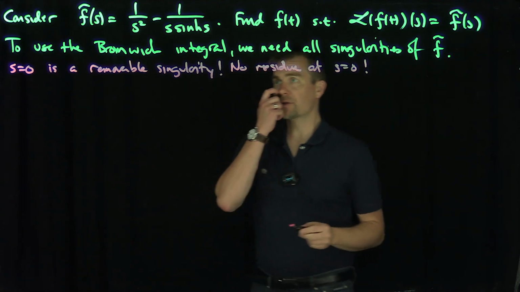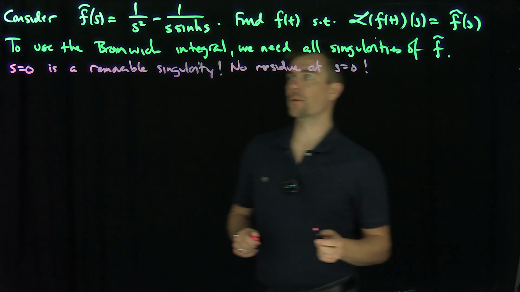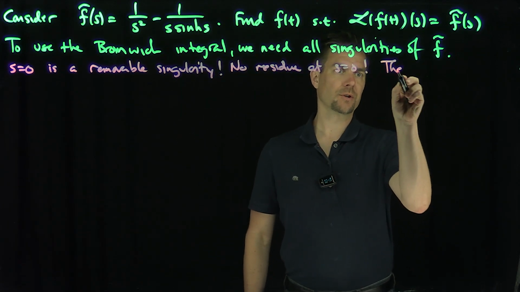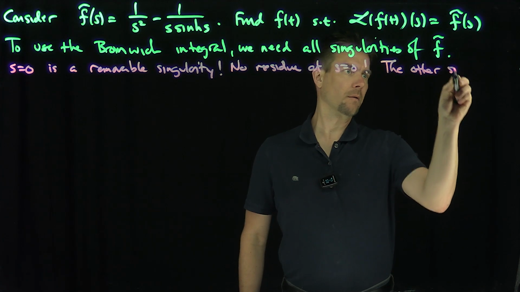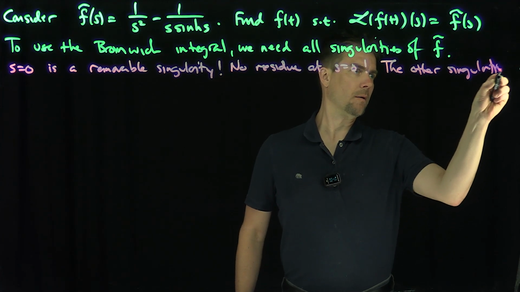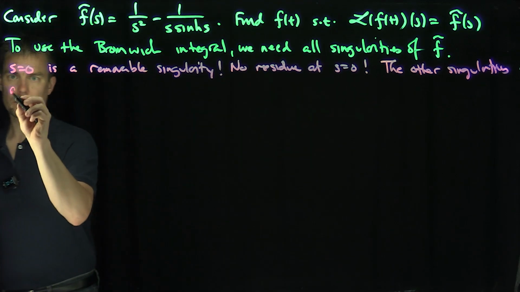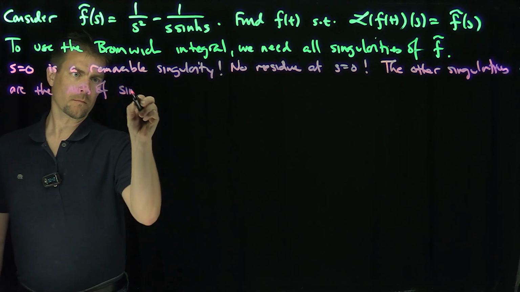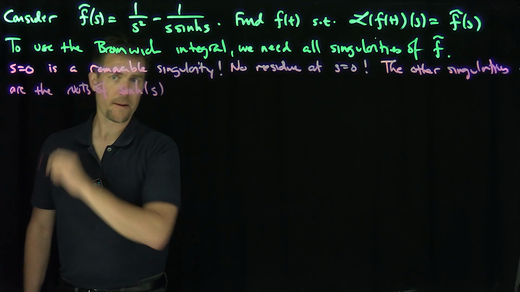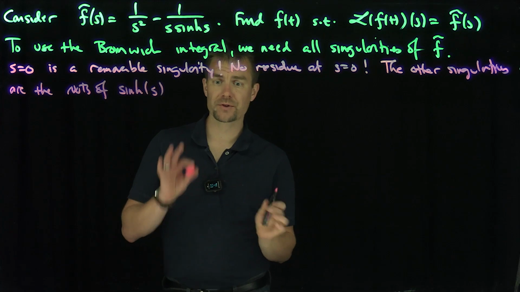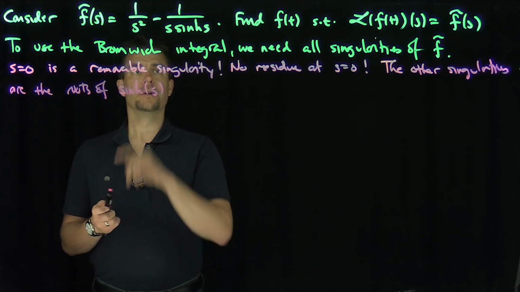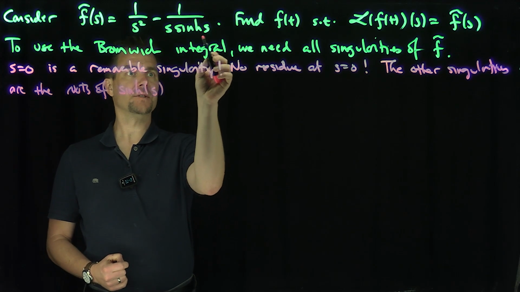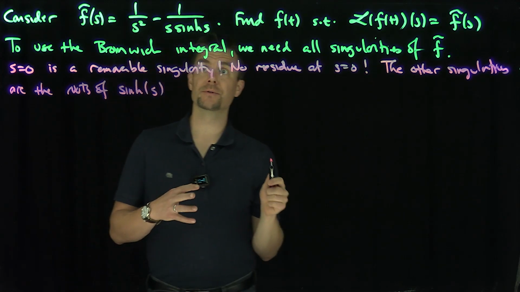Okay. The other singularities occur where? The other singularities are going to occur at the roots of sinh. And where do those happen? That's going to be at the multiples of pi.